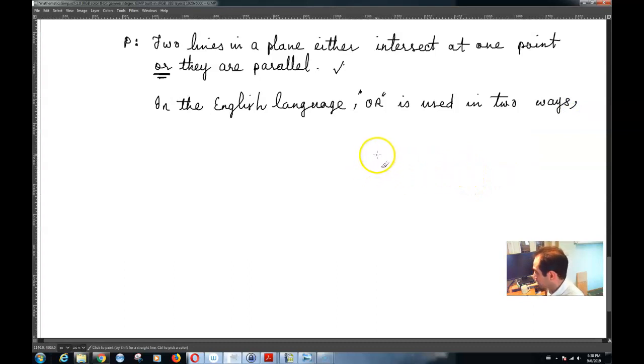As an example, let's take a look at this statement. The statement is, for example, P: an ice cream or Pepsi is available with a thali in a restaurant.